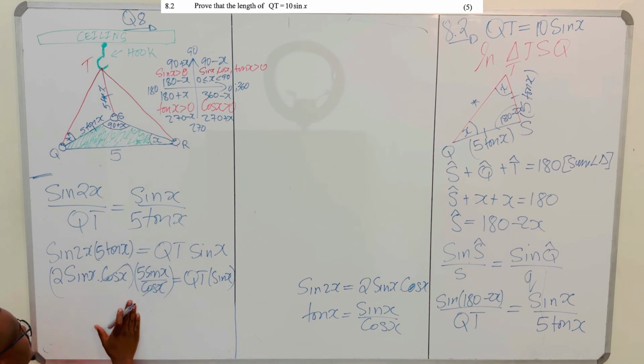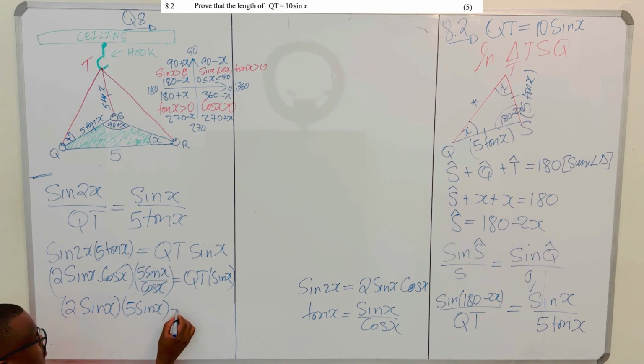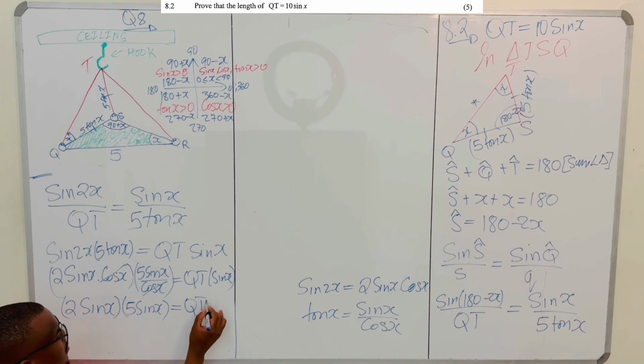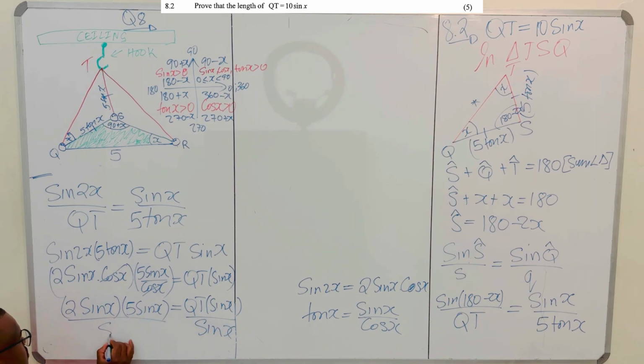So from this stage now, we have 2 sine x times 5 sine x is equal to QT times sine x. Because we want QT, you divide by sine x here as well. This and that go away.